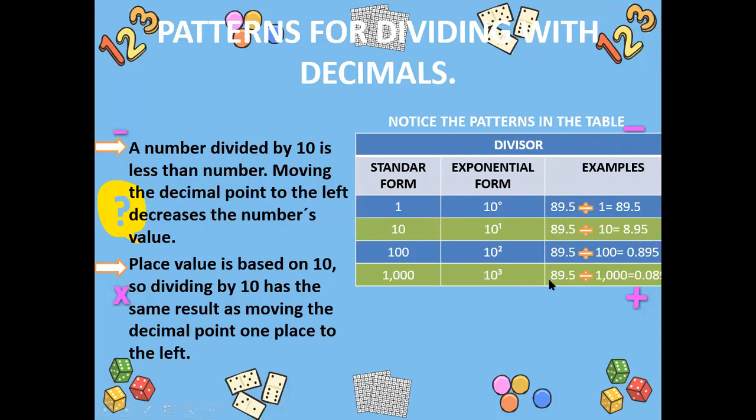Then you have 89.5 divided by 1000, and this is equal to 0.0895. Let's continue. Remember that 10 is equal to 10 up 1, and 100 is equal to 10 up 2, or 10 exponent 2.